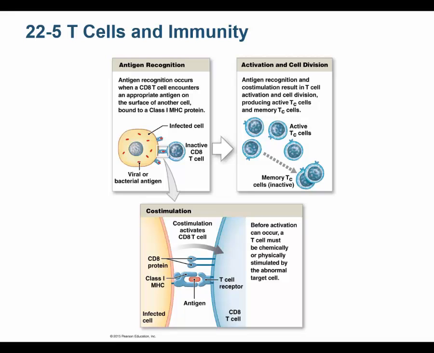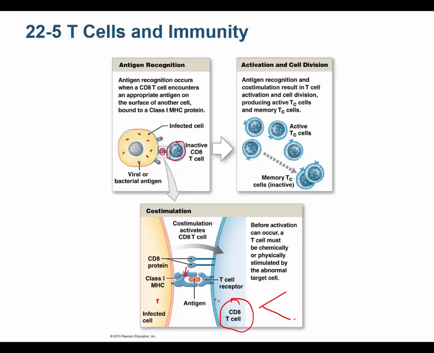All right, now let's get down to it. If a class 1 MHC molecule is presenting a foreign antigen, then a CD8 T cytotoxic cell can respond to it and kill it. This is showing you the class 1 MHC. This is showing you the CD8 T cytotoxic cell. And now what can happen is this T cytotoxic cell can release granzymes and perforins that perforate the cell and kill it.